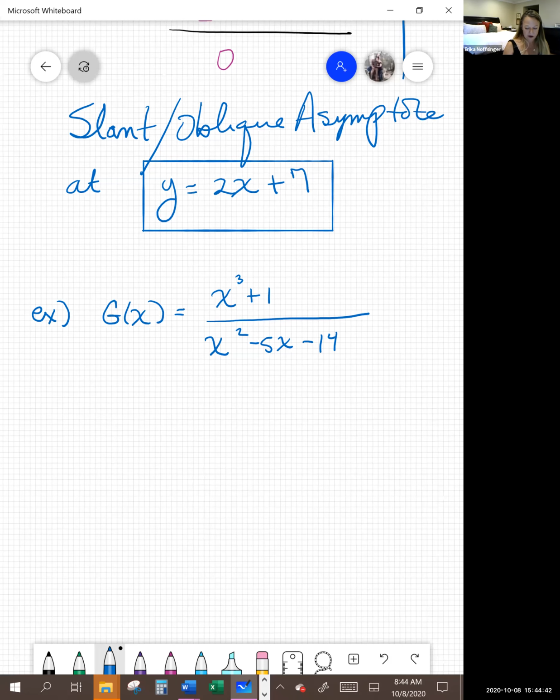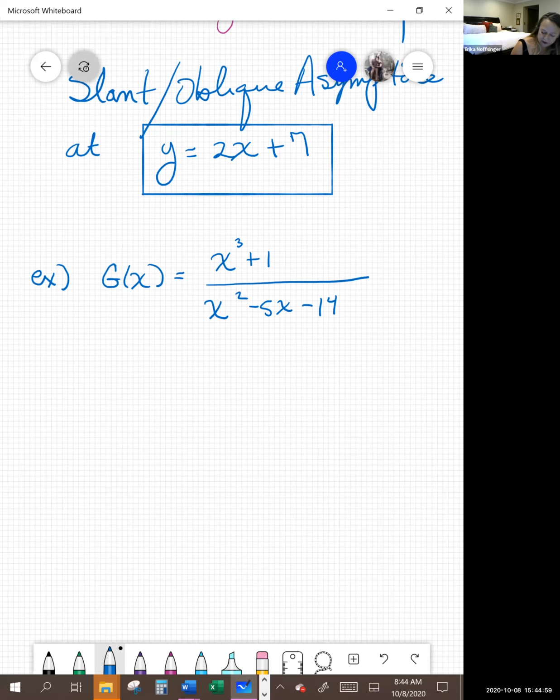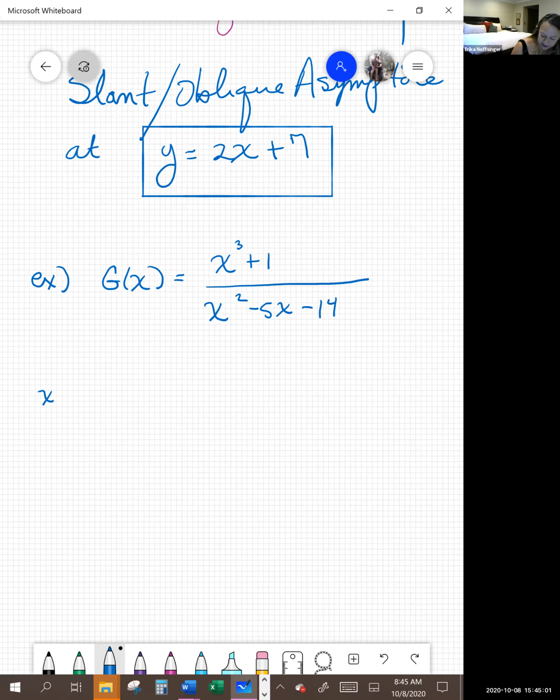So the degree of our numerator, 3, is 1 larger than the degree of our denominator, 2. And because of this, we know that there's an oblique asymptote, and we're going to have to use long division. So we're going to put our divisor out here, x squared minus 5x minus 14, all divided into.